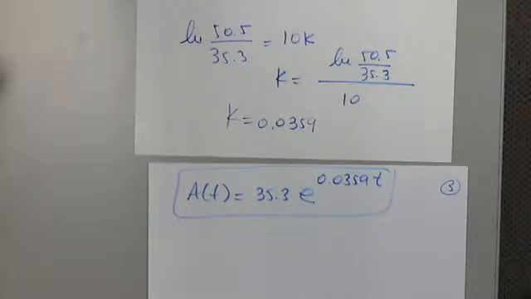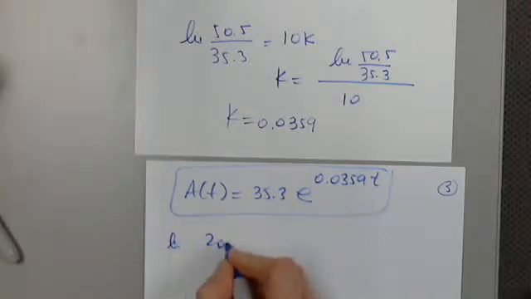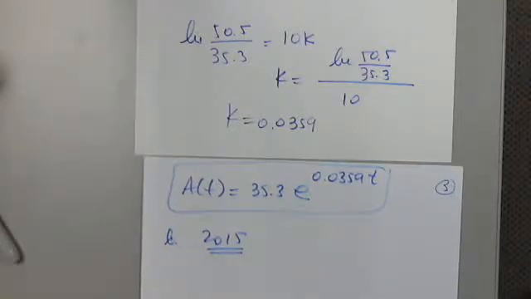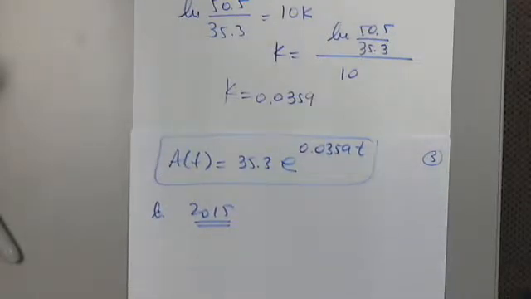Part B, use the resulting model to project the Hispanic resident population in the year 2015. What will I have to do to find the projected, or what it was, since that was already 3 years ago.